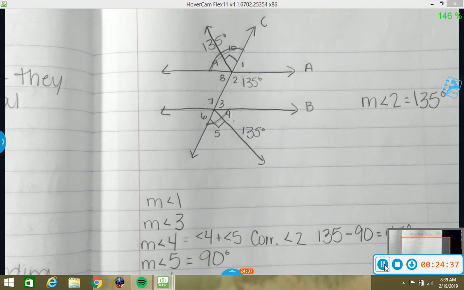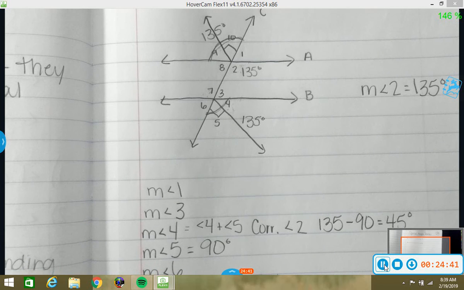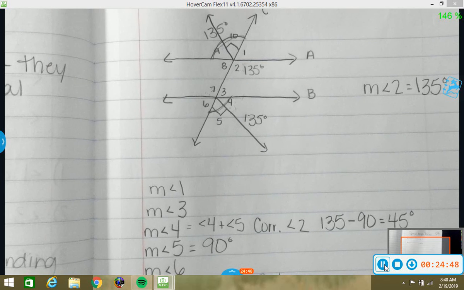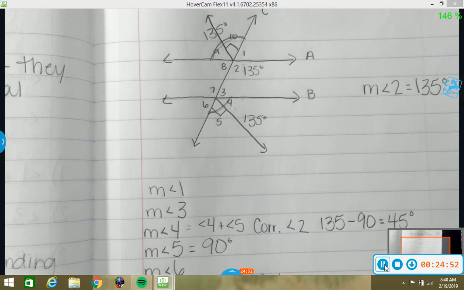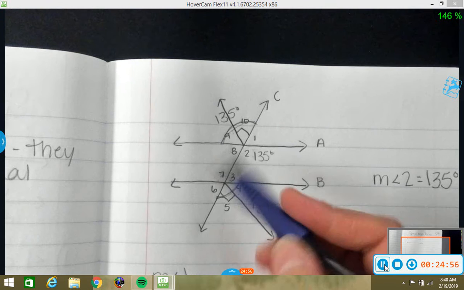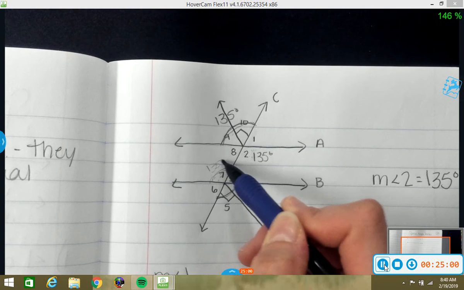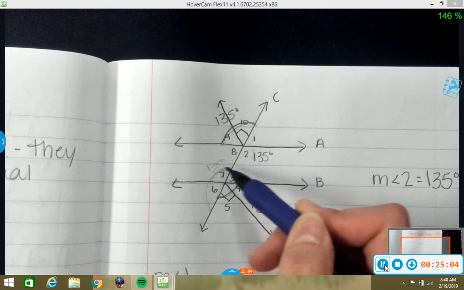All right, so what's the next easiest one for me to find? 6. Yeah, 6 and 1. Okay, so how am I going to find angle 6? 180 minus 135. Okay, so we're going to say that this is 135 degrees. We already found that. We know that this is how much? 180 because it's a straight line.